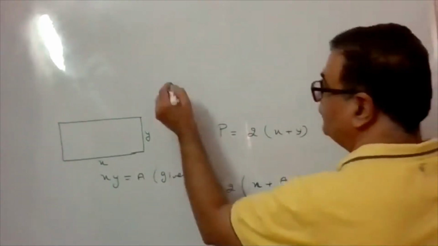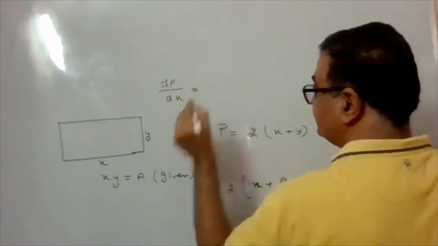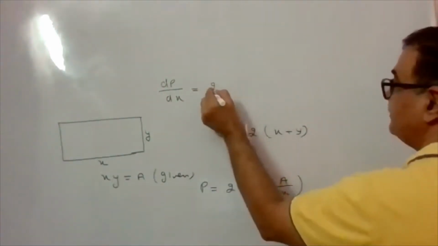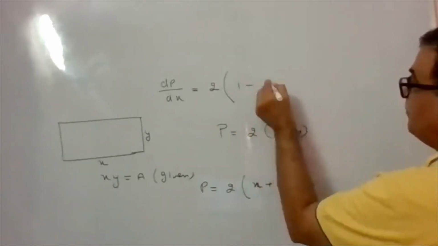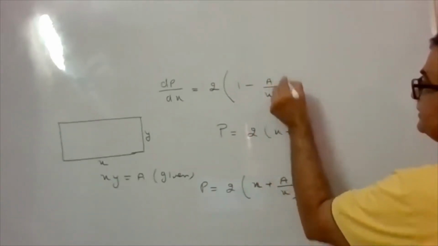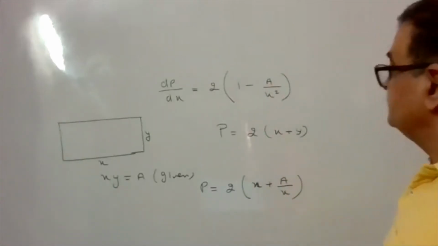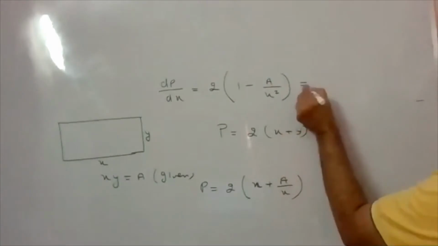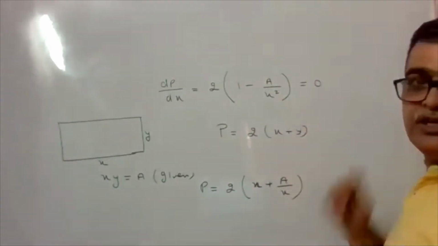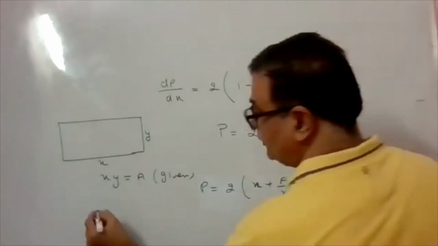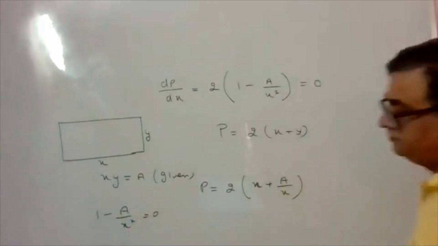And now we go for differentiation. dP by dx is coming twice the derivative of this, 1 minus a by x square. And this has to be equated to 0. If this quantity is coming equal to 0, I should have 1 minus a by x square is 0.